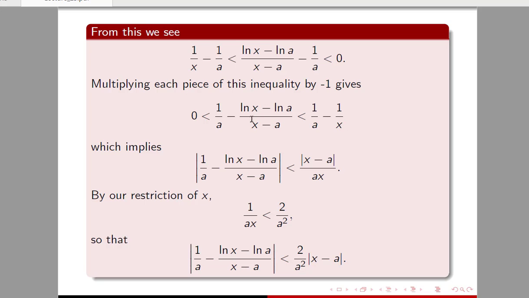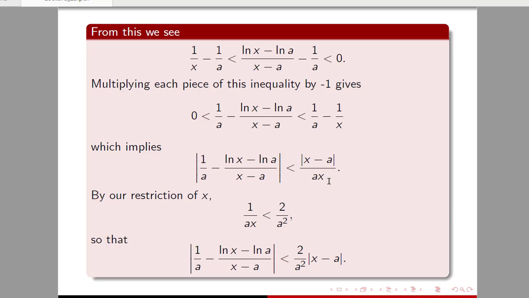So now I have this 1 over a minus natural log of x minus natural log of a over x minus a. That's positive, and it's trapped less than this other positive number. So that gives us that the absolute value of this is less than the absolute value of this quantity, which I've simplified here by getting a common denominator.